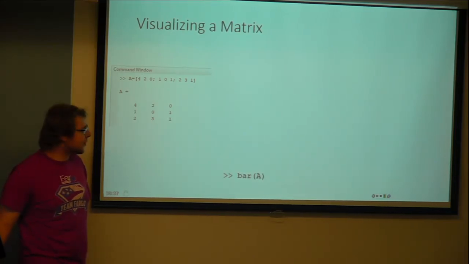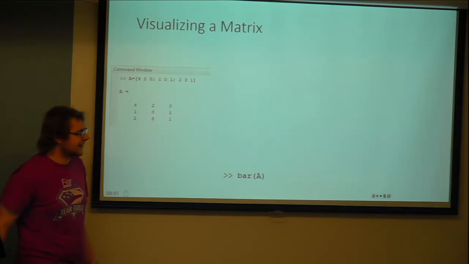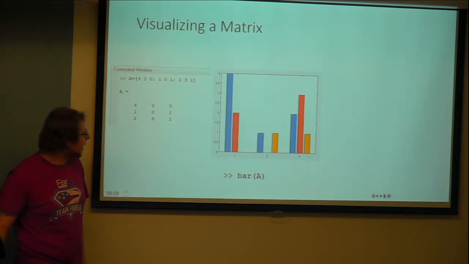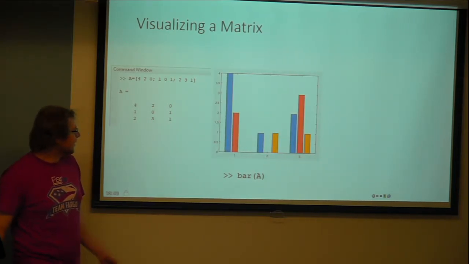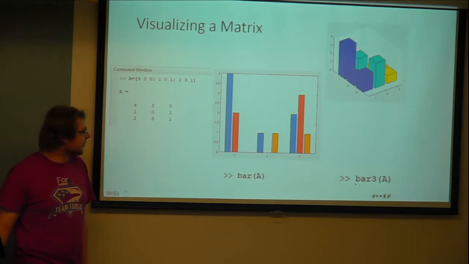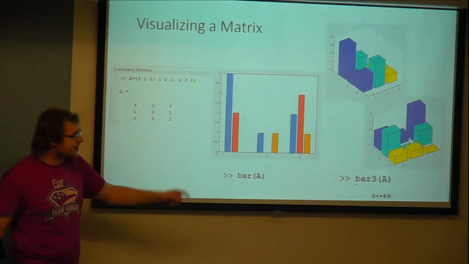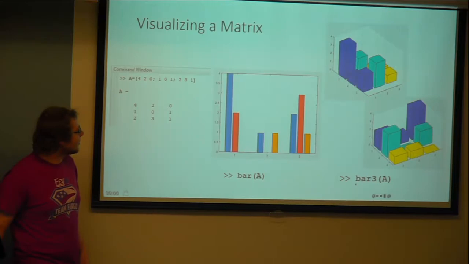The 2 that I found that actually give you something meaningful are bar of A, which gives you a nice bar graph showing all your values, and bar3, which gives you a 3D representation. And here I just have it rotated in 2 different ways, just to show you.